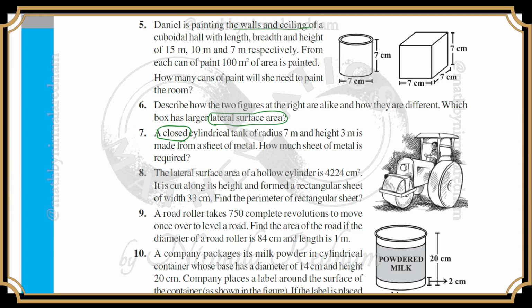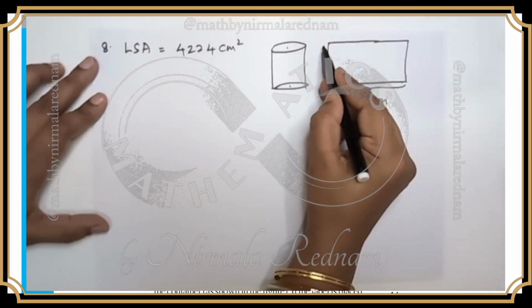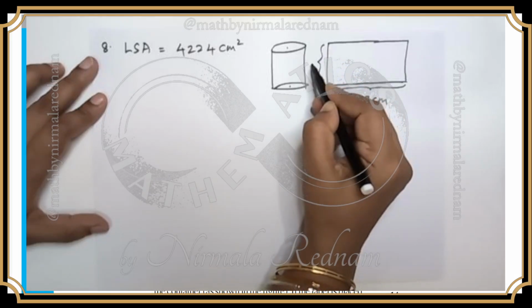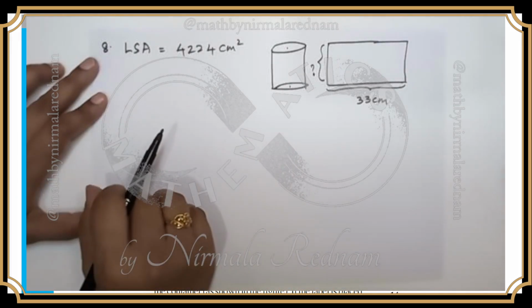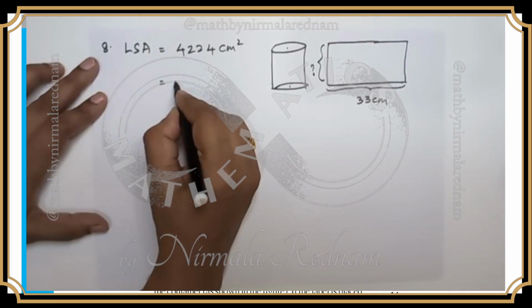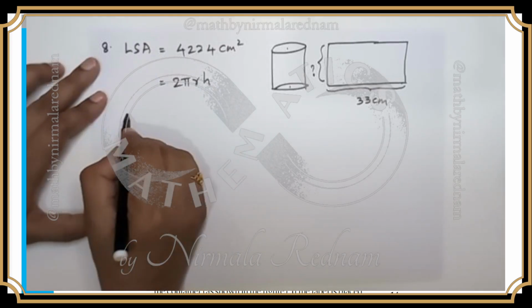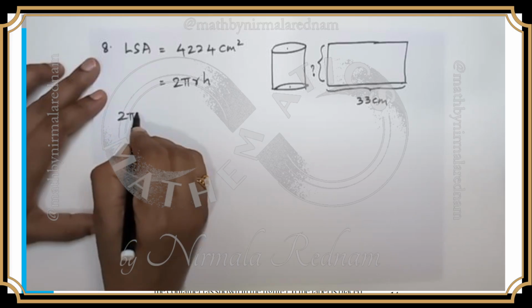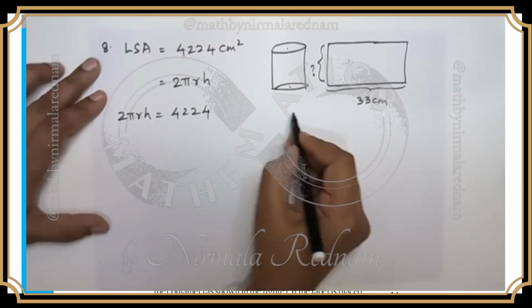Find the perimeter. If I want the perimeter, I need this measurement, right? I need this length. So can I find it out from the given information? Let's look at that. You know the formula for lateral surface area is 2 pi r h, correct? So now if I equate 2 pi r h is equal to 4224, and what is 33?